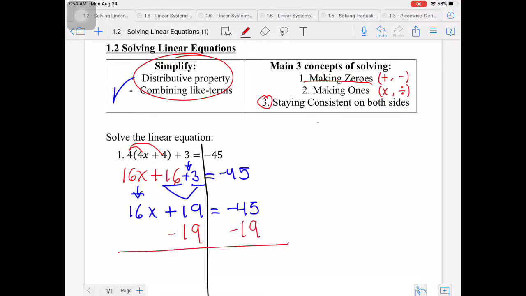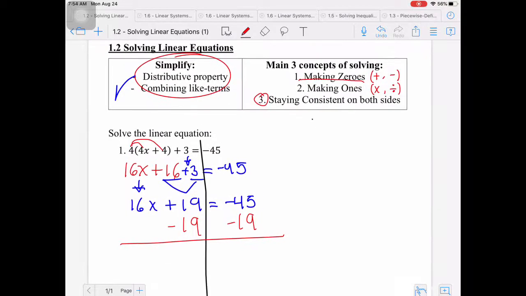Let's drop what we have left. I didn't do anything to the 16x, so I'm just going to drop it. Positive 19 minus 19 is 0, equals negative 45 minus 19. You gotta be real careful here with the negatives.